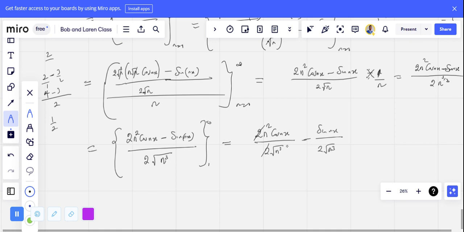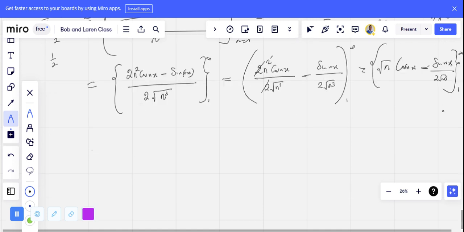So looking at this expression here, only for this part, n goes to infinity. Now if this divides this, I'll be left with just n to the half, right? So I'll be left with just root n cos nx, then minus sine nx over 2 root n cube. This is what I still have here, n goes to infinity, right?